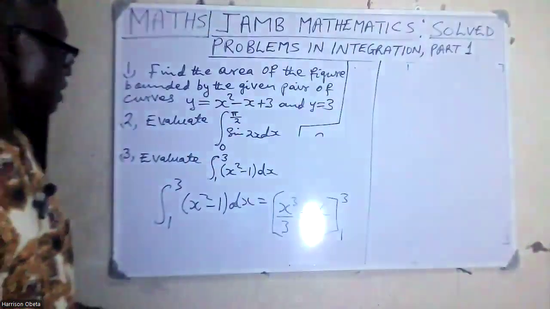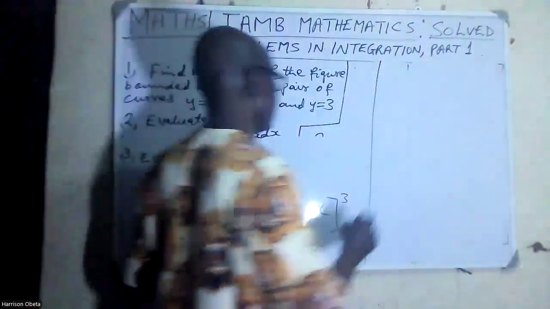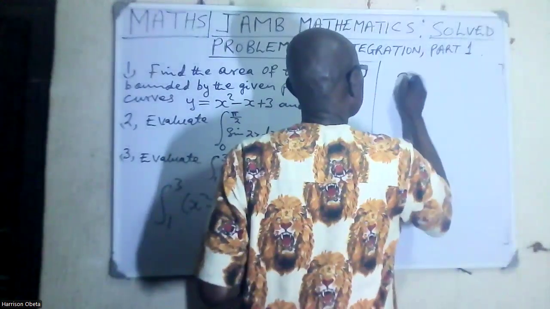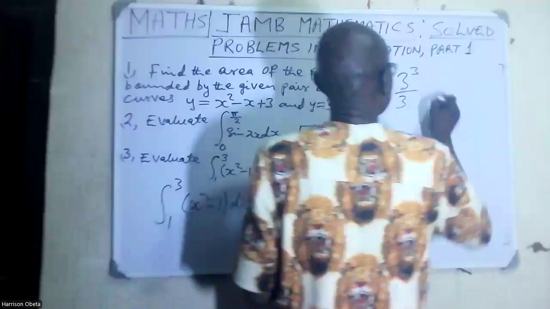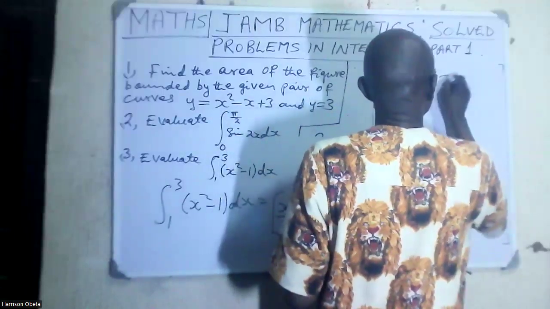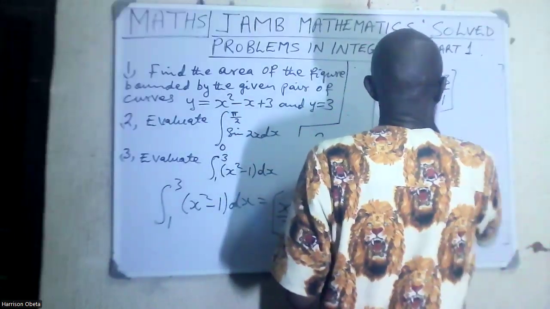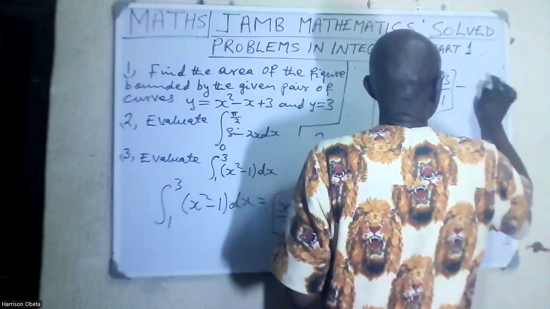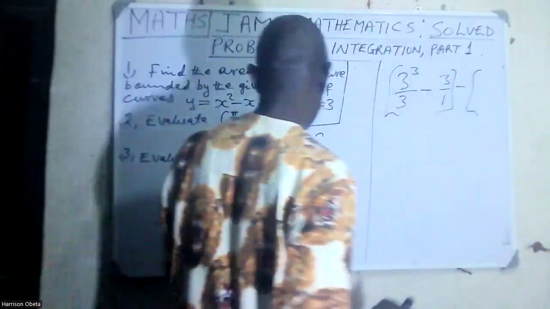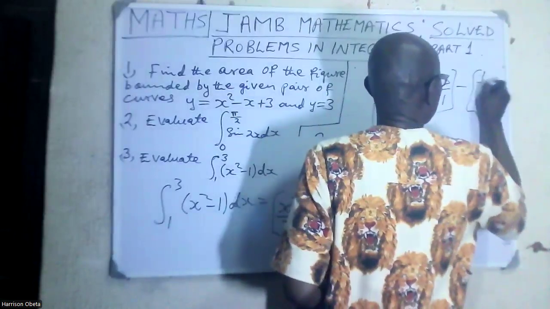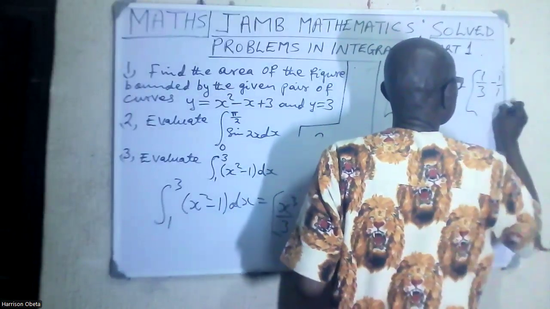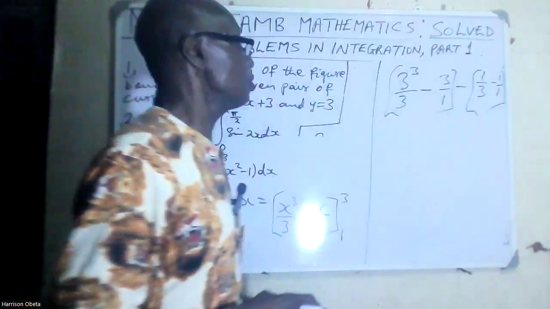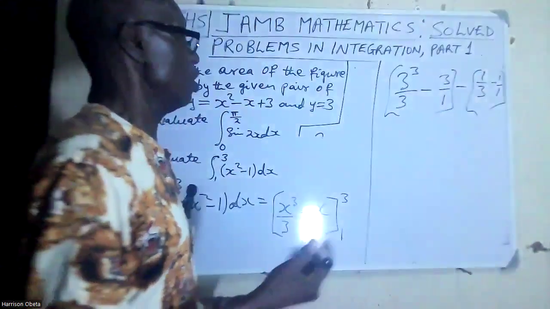You substitute the limits. So that will give us 3 raised to power 3 over 3 minus 3 over 1. Then minus again, substitute 1 over 3 minus 1 over 1. Yes, I didn't include constant of integration because it will always disappear.